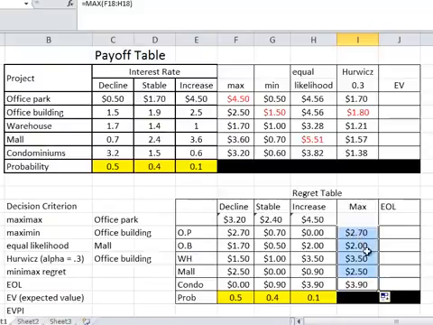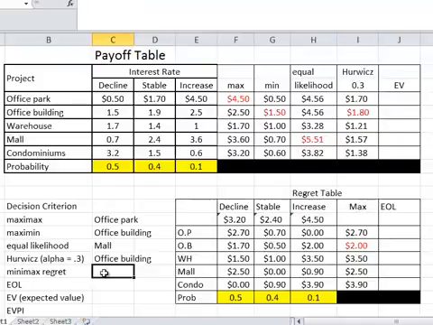Let's see what's the minimal maximum regret we have. Obviously, it's $2 million. This makes sense. Why? Because we don't want to have high regrets. The smaller the better. 2 is the minimal maximal regret we have, and this is associated with project office building.